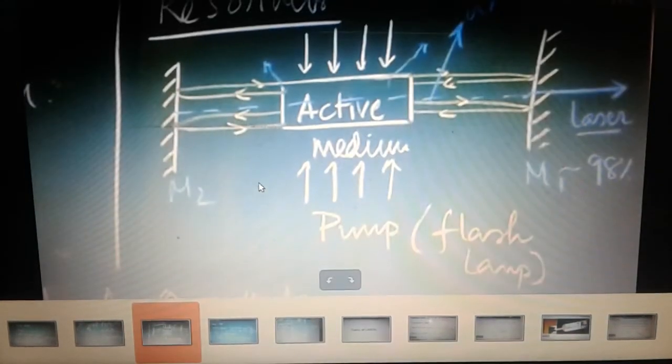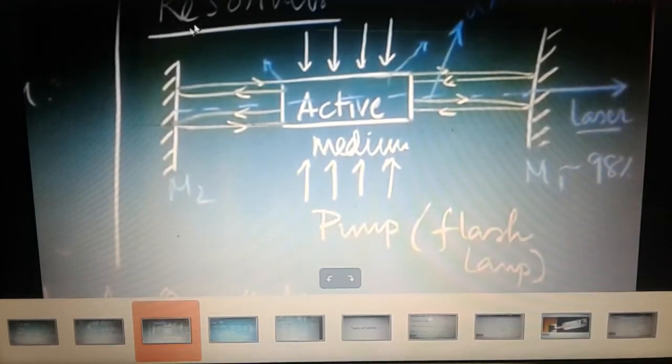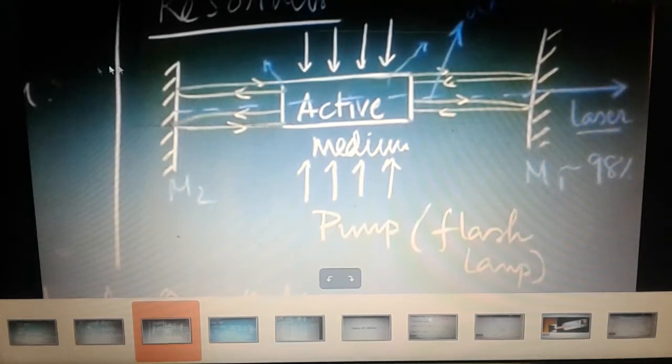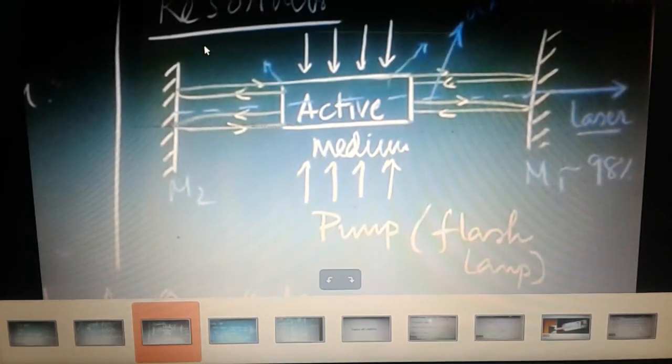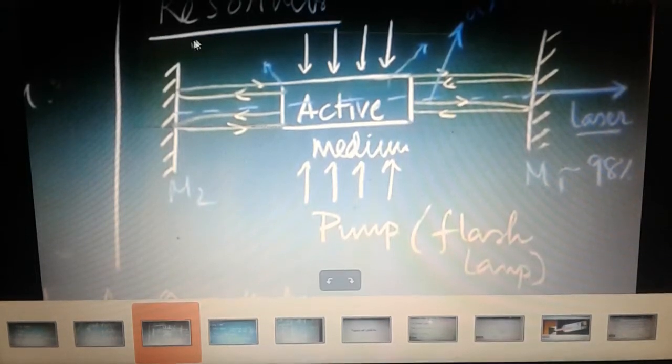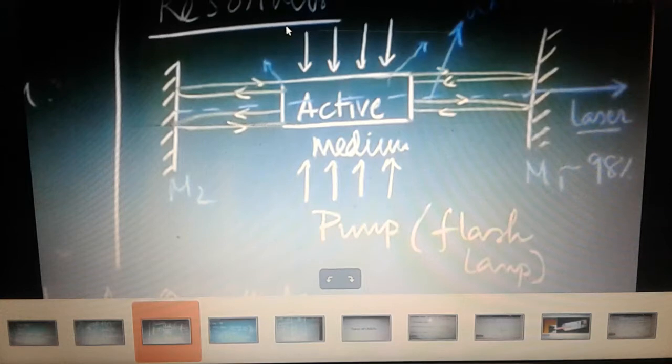The third component is the resonator. We have studied now that laser requires mainly three components. One is the active medium, the other is the pumping source, and the third one is the resonator. So the resonator achieves amplification.